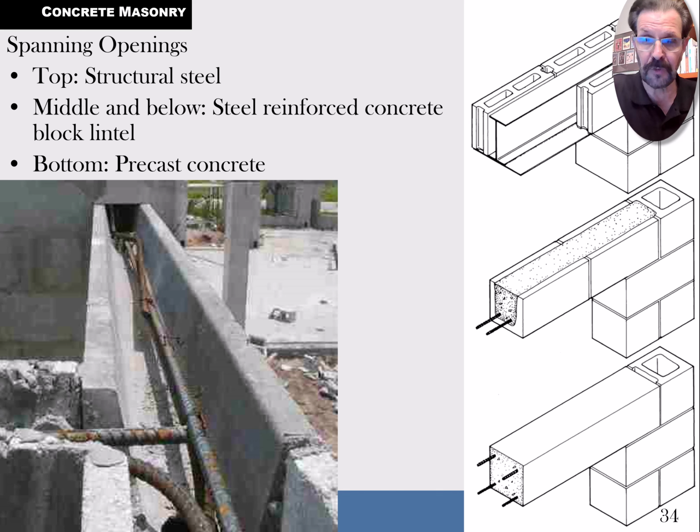So that's more like what you see in the photograph in that sense. Not quite the same thing, but similar concept. Precast items being used. So there's different ways of spanning over top of windows and doors, but these are just examples, just to kind of open up your eyes to what goes on in this business.